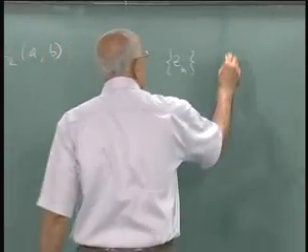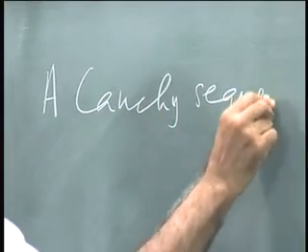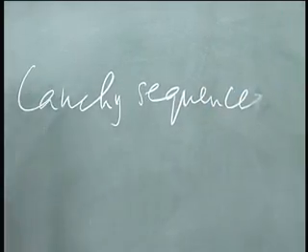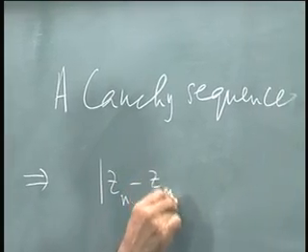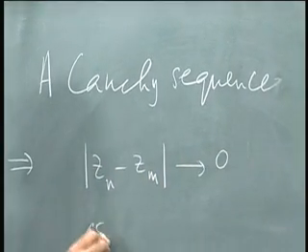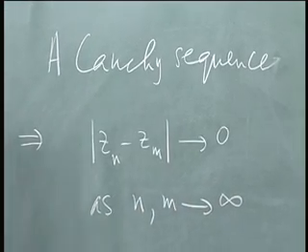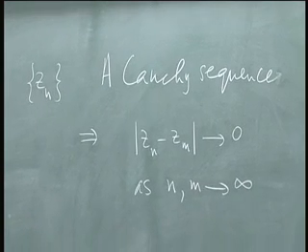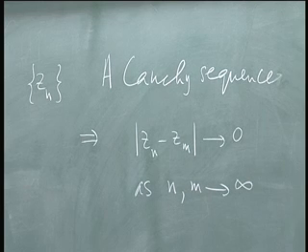A Cauchy sequence implies that the modulus of Zn minus Zm tends to 0 as n, m tend to infinity. In other words, if the sequence is such that the difference between Zn and Zm, this modulus, goes to 0 as both n and m tend to infinity, then I call it a Cauchy sequence. Such sequences converge to limits, definite limit points.